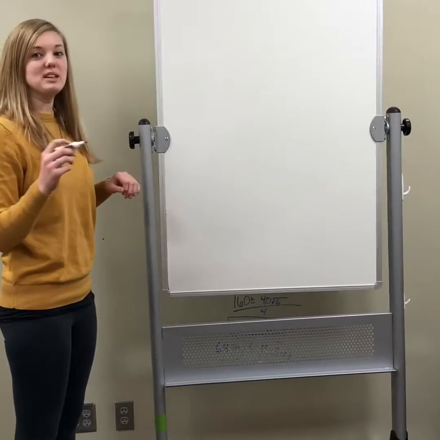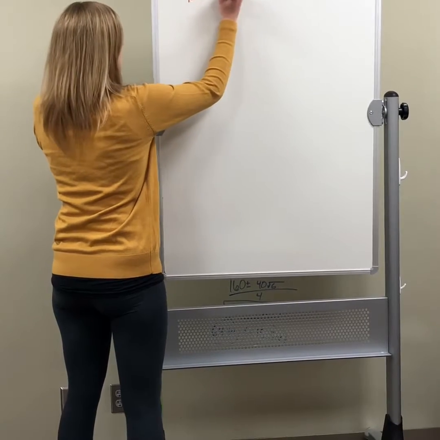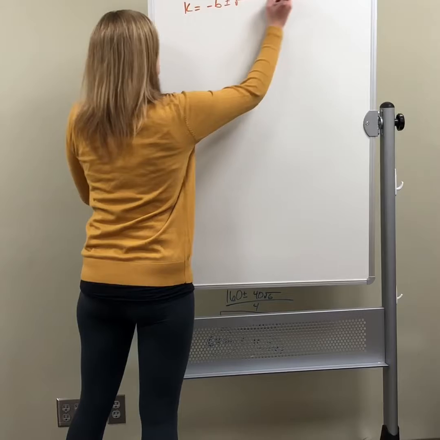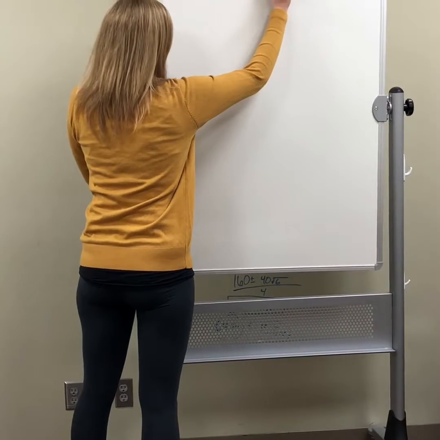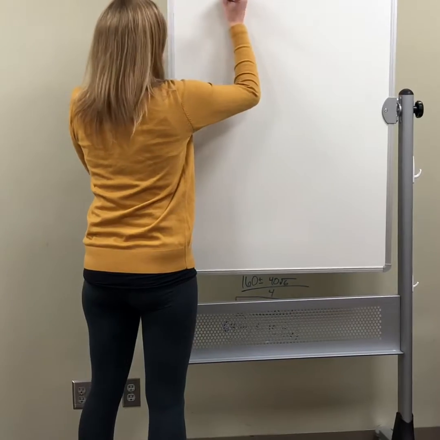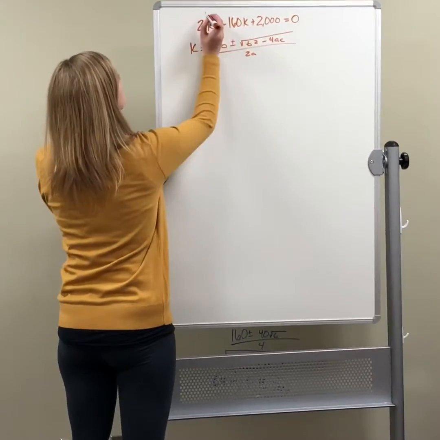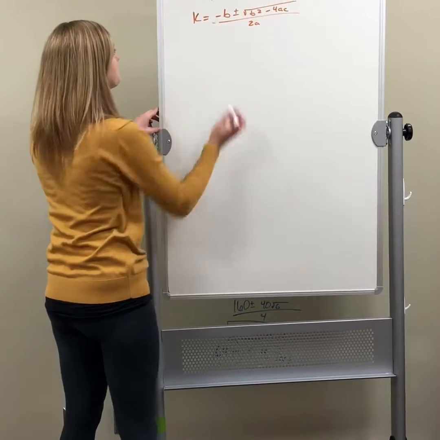So to solve for k, we need to use the quadratic formula, which is k equals the opposite of b plus or minus the square root of b squared minus 4ac, all over 2a. So 2 would be a, and then we have b and c.